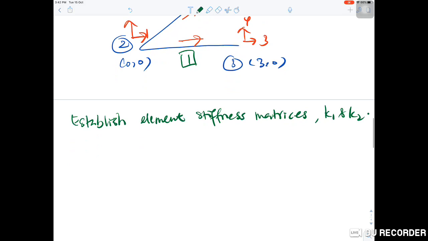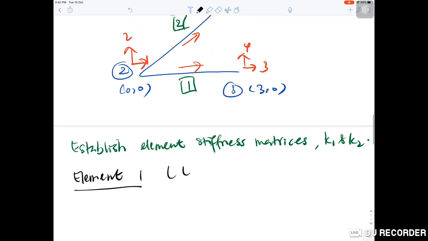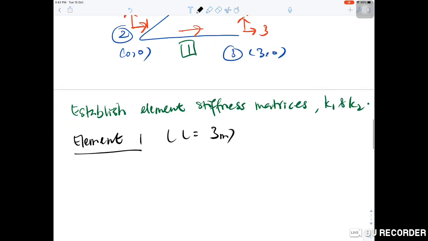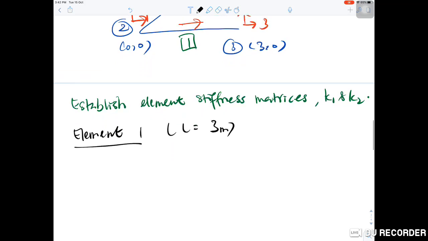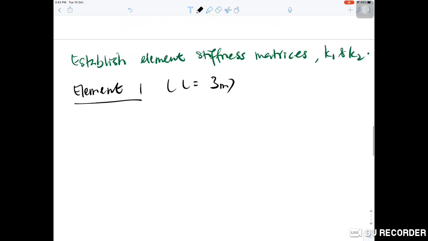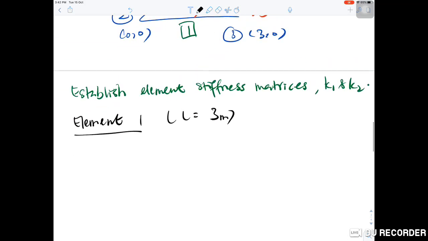Okay, for element number 1, the L is 3. Let's say I change all this to meter. L is 3 meter. So here I draw element 1, the diagram.